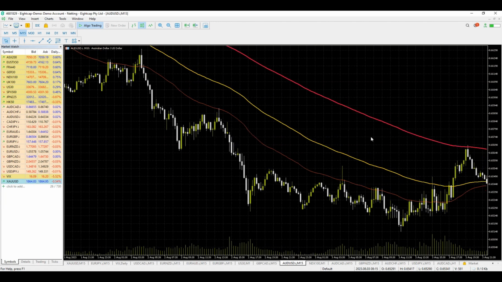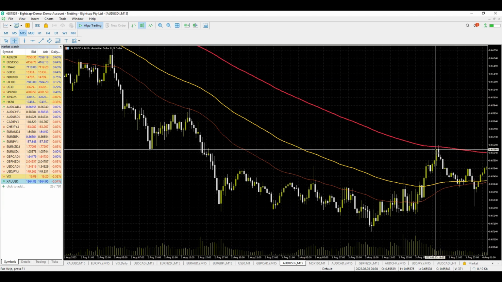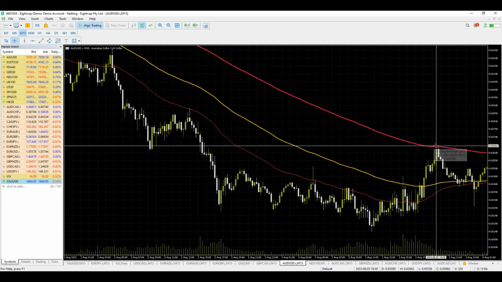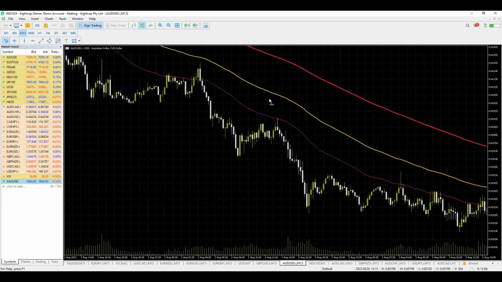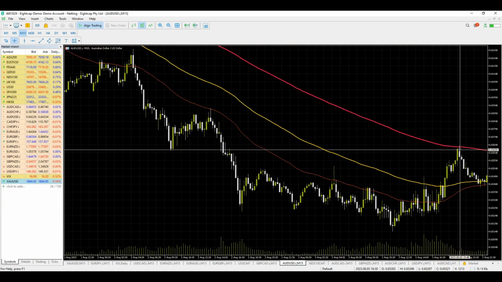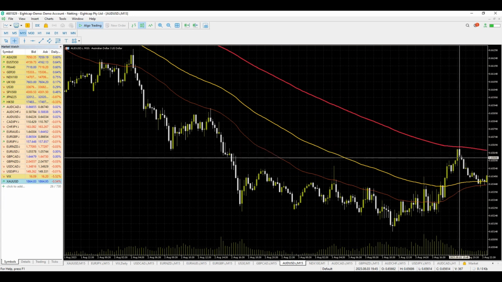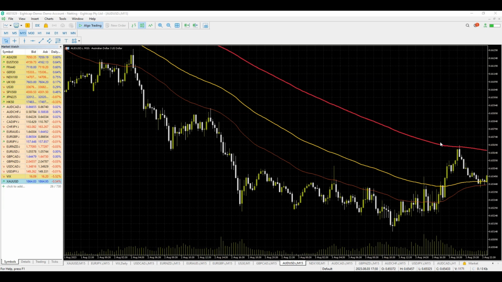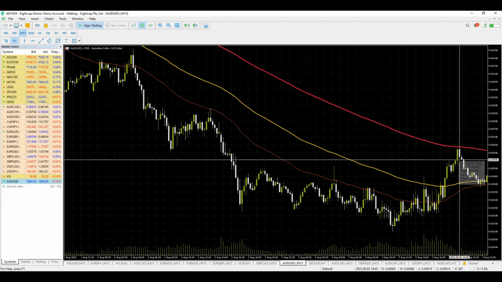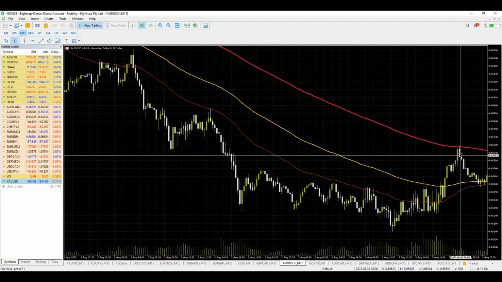So the one thing is, if you get a touch of this 200 moving average, so for example price trades like this, you get a touch and a rejection candle. On this 200 moving average there is a rejection candle like that, the white candle here, or it can be a red candle.